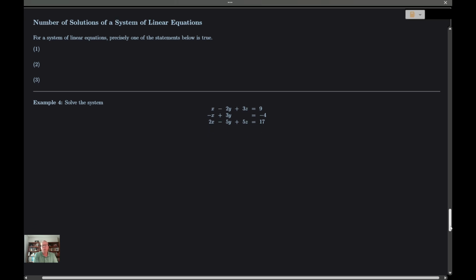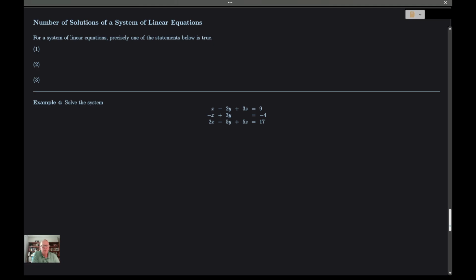All right, so the number of solutions of a system of linear equations: we either have one solution, and this tells us that it is a consistent system, or we could have infinitely many solutions.